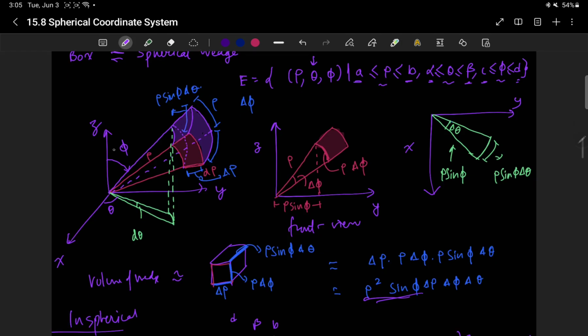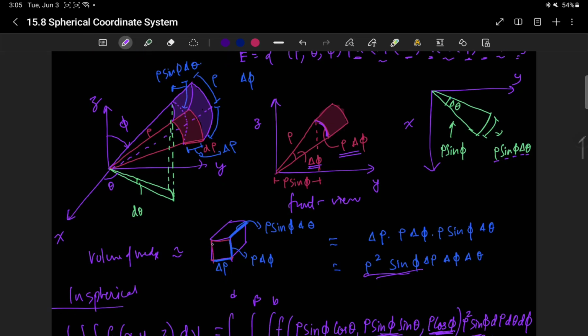If you look at the projections of these in the zy plane, what we have is a change of angle of delta theta, delta phi, and a radius of rho, which gives one of these side lengths as rho delta phi. And if you look at the xy plane down here in the projection, this is delta theta, and this radius is rho sine phi, which we obtained from the previous diagram, so this particular length becomes rho sine phi delta theta.